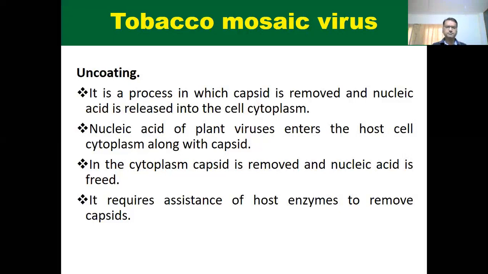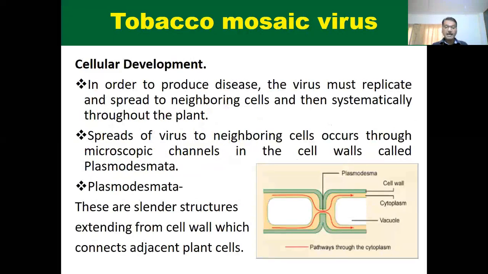Okay, next. Now, cellular development. In order to produce disease, the virus must replicate and spread to the neighboring cell and then systematically throughout the plant. So for the development of disease, the virus needs to spread. The spread of virus into the neighboring cell occurs through microscopic channels in the cell wall called plasmodesmata.